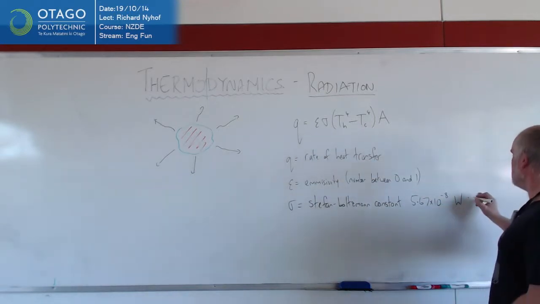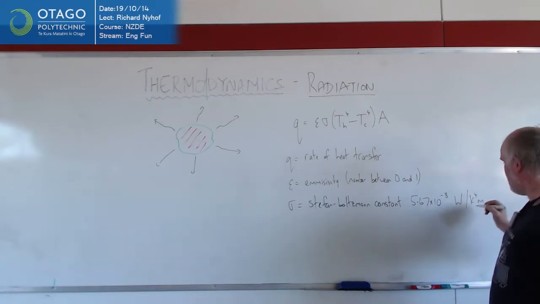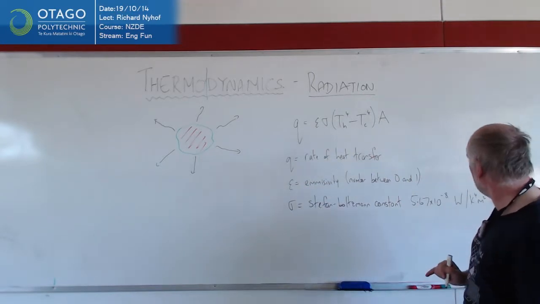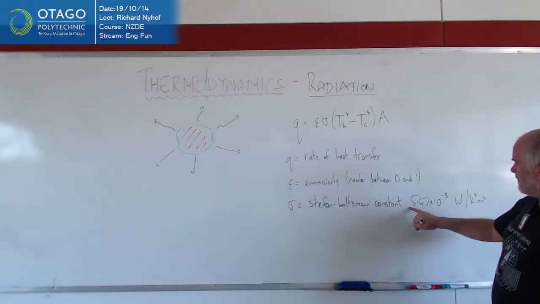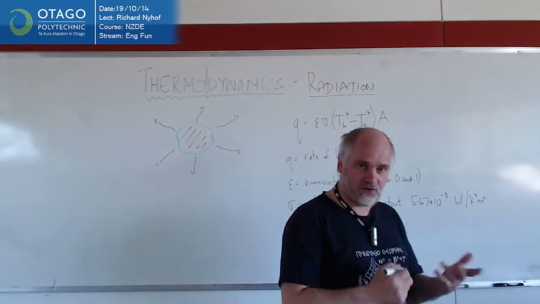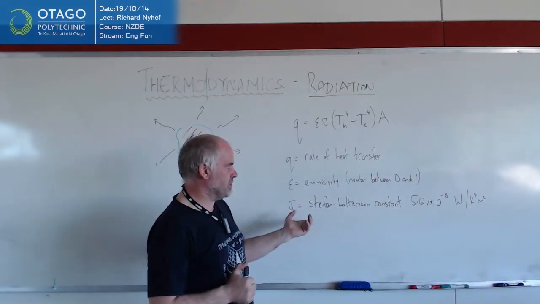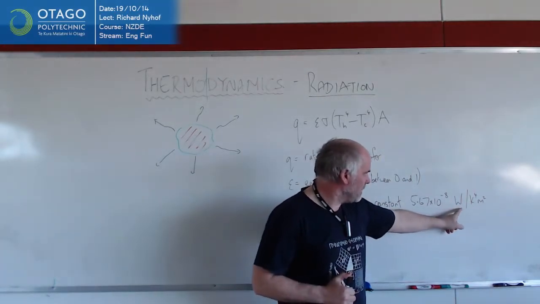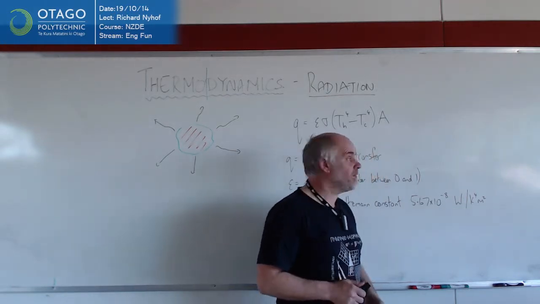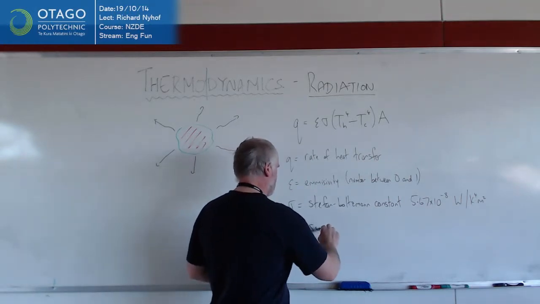It's going to have to be per Kelvin to the power of 4, and we better have some square metres floating around in there as well to deal with the area. Okay, so 5.67 times 10 to the minus 8 is a constant which you just have to use whenever you're using this formula. So it's basically a measure of how much power comes off something at a particular temperature and of a particular area of that material. And A, again, is the surface area.